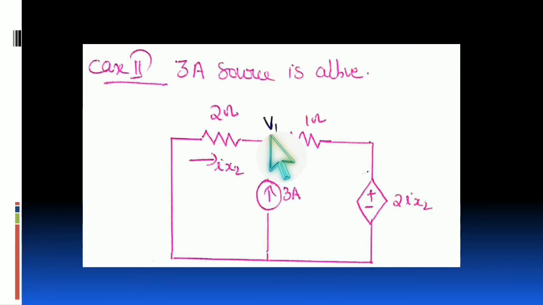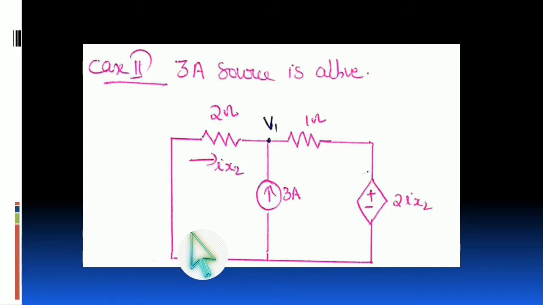Take a look at this node V1. Here we can see one incoming current, 3 ampere, and 2 unknown currents. The unknown currents are the current through this 1 ohm resistor and that through this 2 ohm resistor, which should be considered as outgoing currents at node V1. Okay.